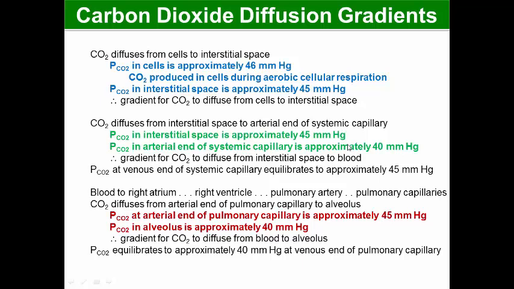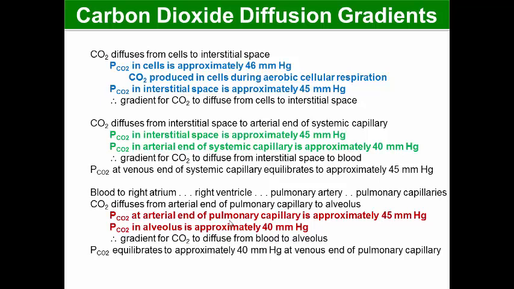Then lastly, carbon dioxide diffuses. You can see here, blood goes to the right atrium, to the right ventricle, to the pulmonary artery, then to the pulmonary capillaries. So the partial pressure of carbon dioxide at the arterial end of the pulmonary capillaries is approximately 45 to 46 millimeters of mercury, and we mentioned this early in the previous slides.